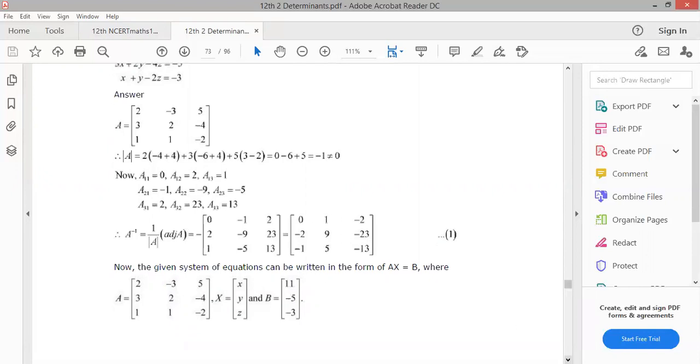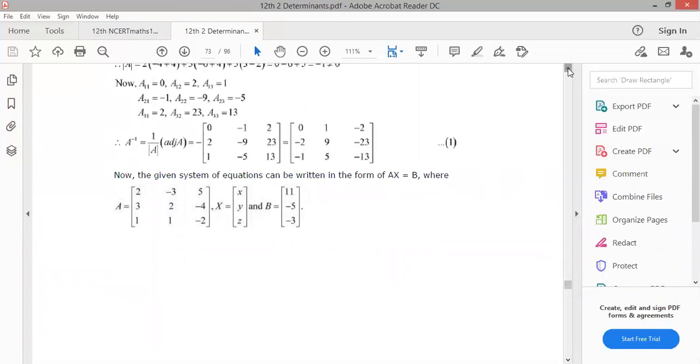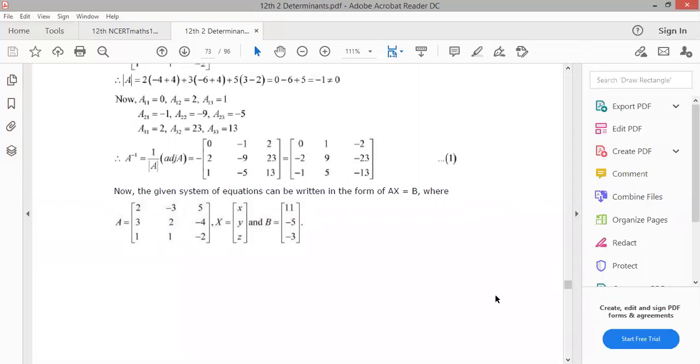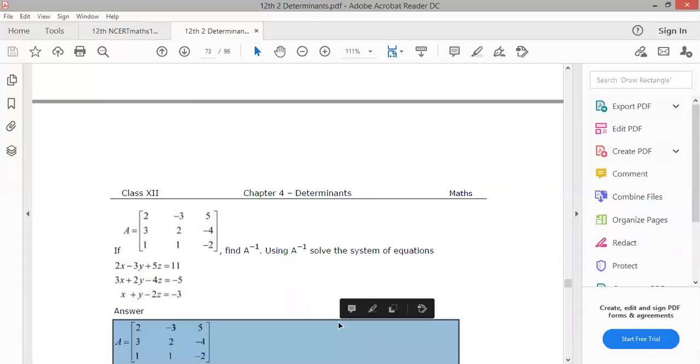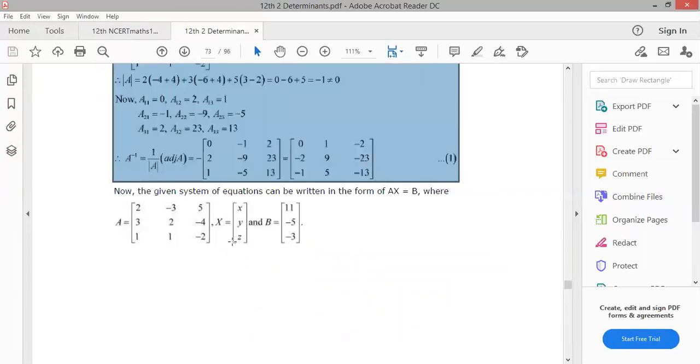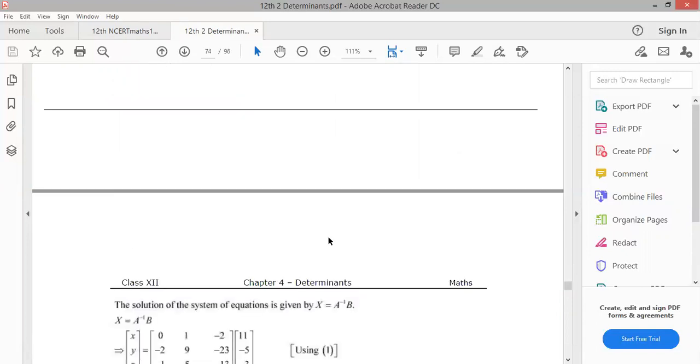Now that we have the inverse, we will go to the system of equations to solve it. So this is the system of equations. We will write it in matrix notation. AX is equal to B, where A is this matrix, X is the matrix of the variables, and B is the matrix of the constant terms.